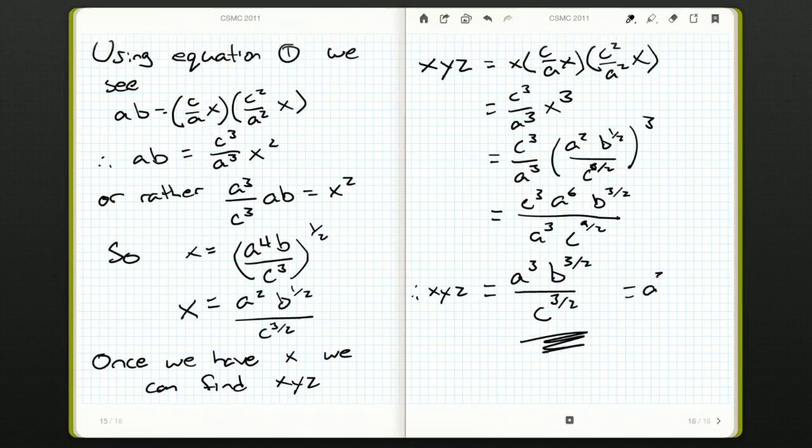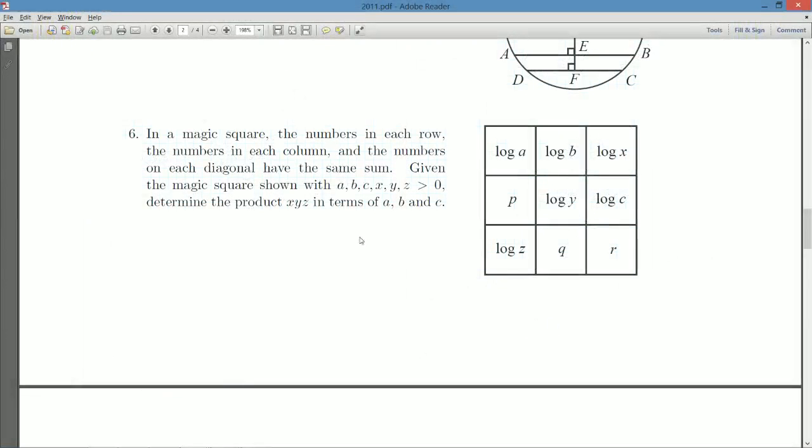Or you could write it as A to the 3, B to the 3 halves, C to the negative 3 halves. That's probably another acceptable way of writing it. I prefer this way because all of our exponents are going to be positive values. But there, we have X, Y, and Z in terms of A, B, and C, and that's exactly what we were asked for.